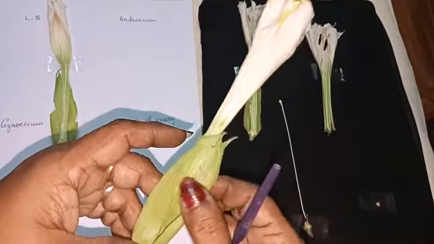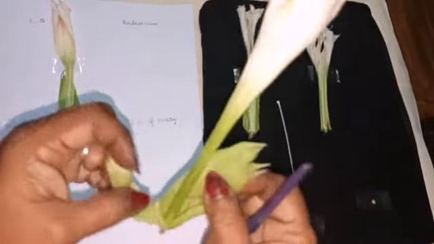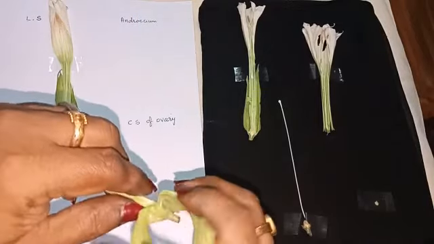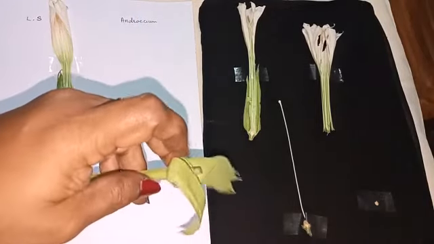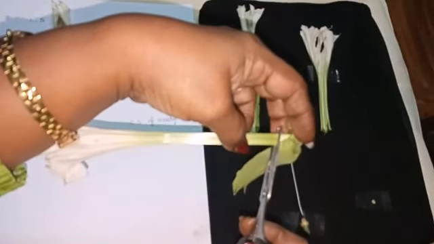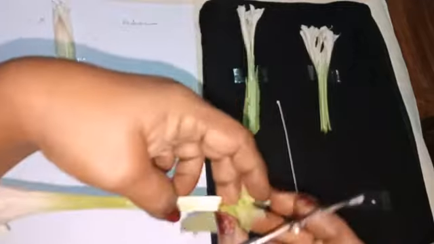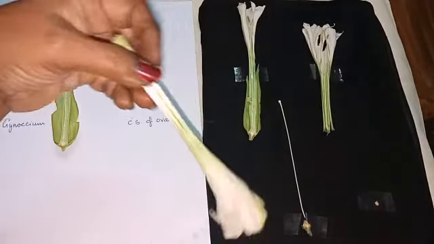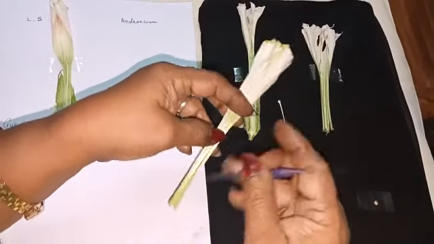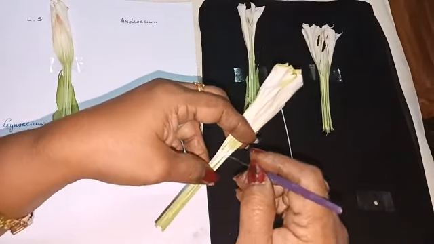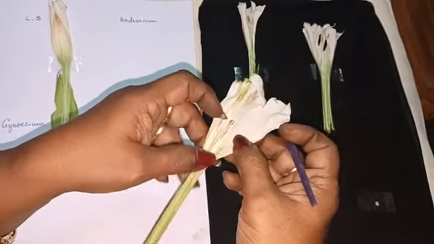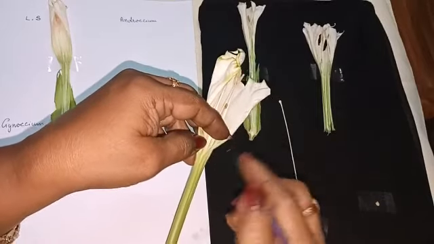You have to remove the calyx because we are going to keep the... just cut this part. Tear this corolla. You can get it like this.